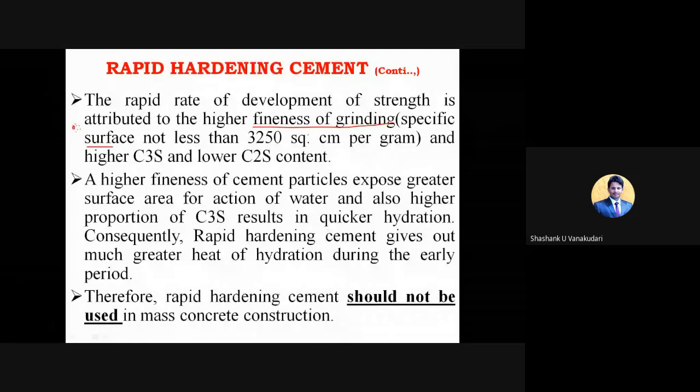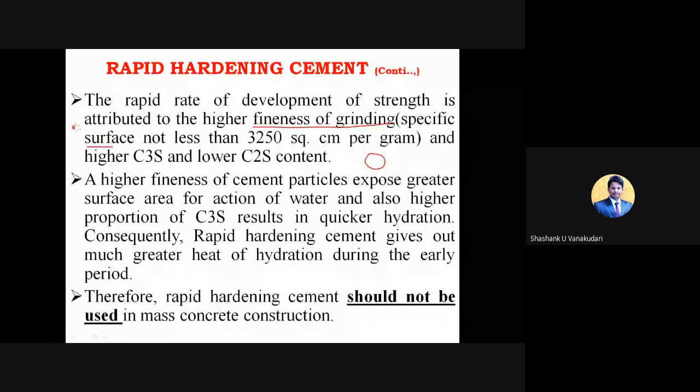That surface area should not be less than 3250 square centimeters per gram. When you take 1 gram of cement, the total surface area should not be less than 3250 square centimeters. It's just for general purposes with respect to fineness of grinding, nothing to worry much about.